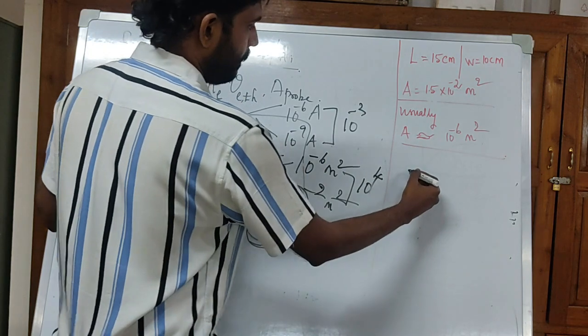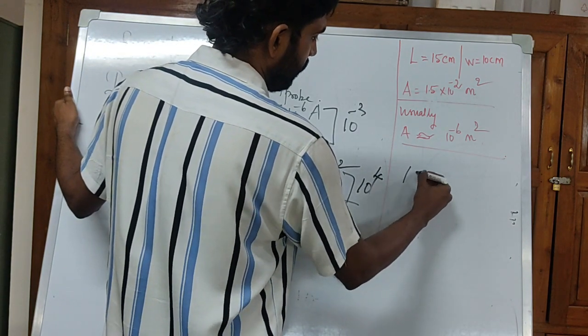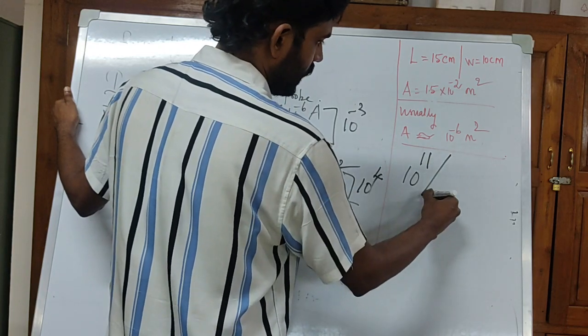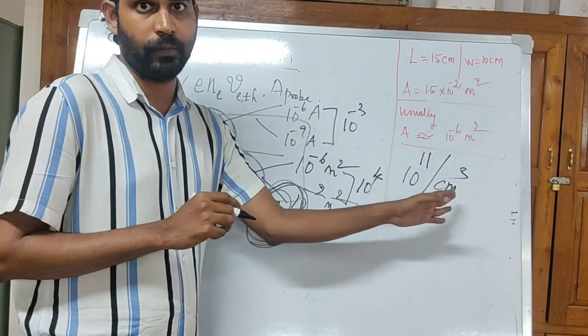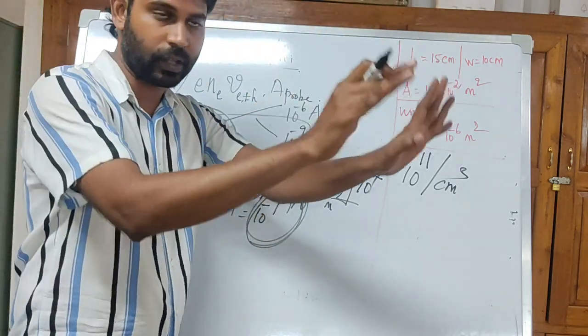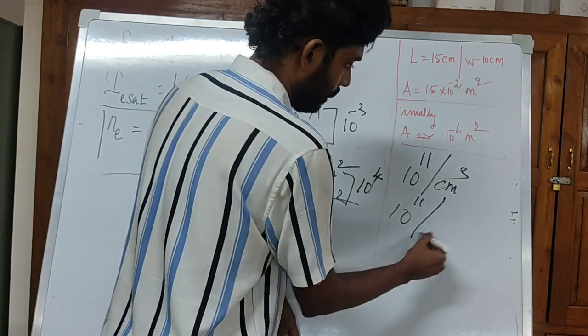Usually the number density of charged particles in the plasma is 10 to the power 11 per centimeter cube. Those are the values we used to get. As far as our Cara is concerned, for our setup, we are getting 10 to the power 11 per meter cube.